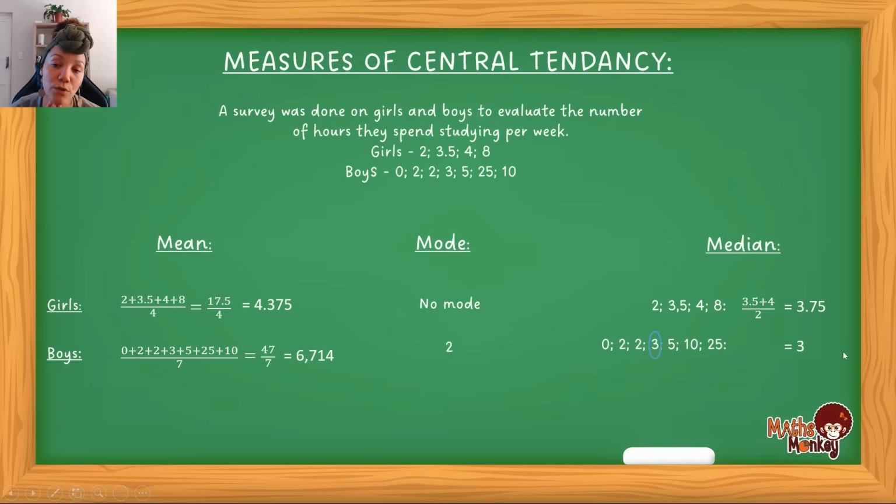But what's also important is that sometimes you have to be able to decipher which of these 3 will actually be the best to analyze what the central value actually is. So you will have to look at the data. Let's say you look at the mode, which is the value that appears most.